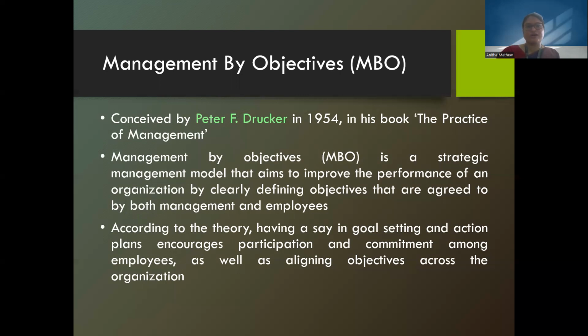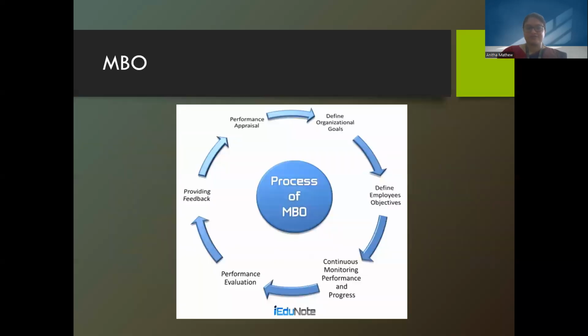And since you also agreed on doing certain tasks or achieving certain goals within the given time, you will not back away from it. Because it is also your decision, you will be fully committed to participate and accomplish the goals within the given period of time. So this is how management by objective works.